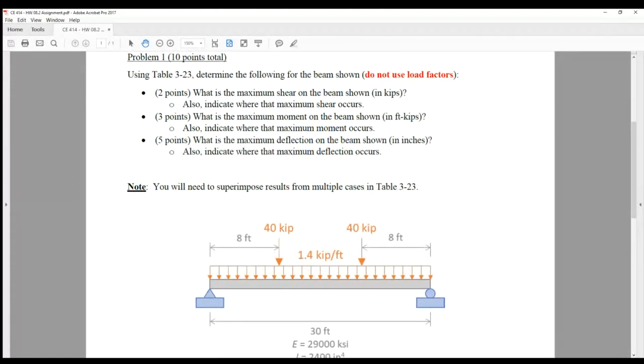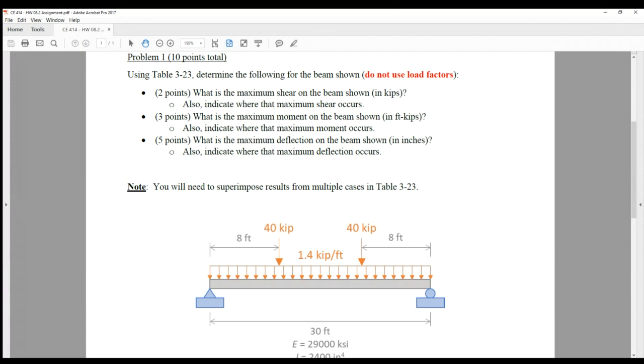Now, I want to make sure that everybody's clear on this. There are 3 loads. There's the distributed load across the entire span, but then there's also 2 40 kip loads. But here's the hint I want to give you. You can actually handle those 2 40 kip loads together. If you review the cases, you will find one case that actually handles both of those 40 kip loads.